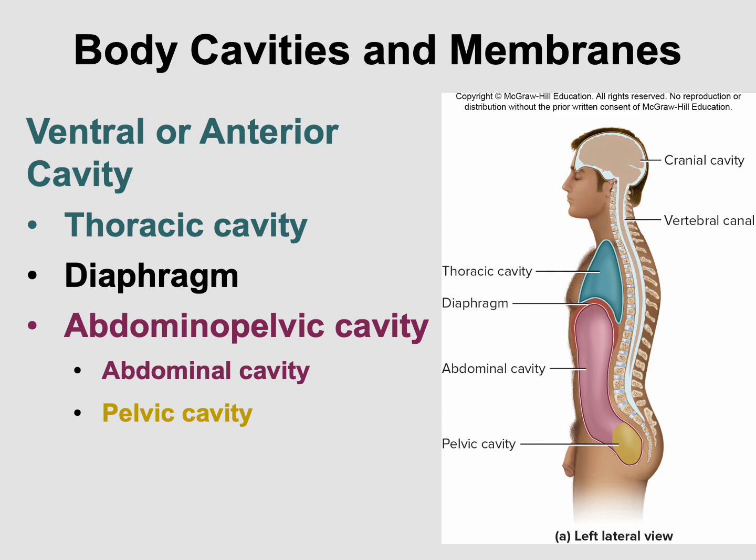So the thoracic cavity, right here, houses multiple different cavities, and we'll go over that in more detail. And as I mentioned earlier, the abdominopelvic cavity houses the abdominal cavity and the pelvic cavity too.